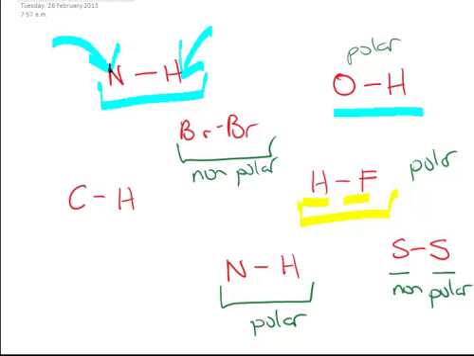Now this is the one that you need to know about, because in some cases the difference in strength between the two atoms is so small we consider it to be non-polar. Now this is the one you would be absolutely expected to know. Carbon and hydrogen, the difference in electronegativity is not that great, so essentially we consider it to be non-polar.